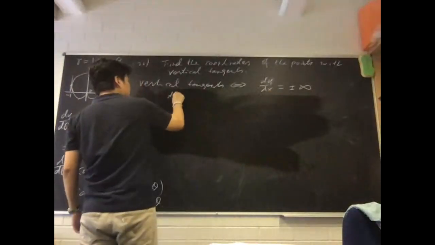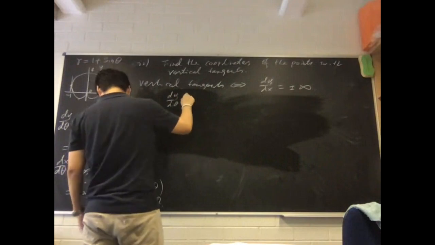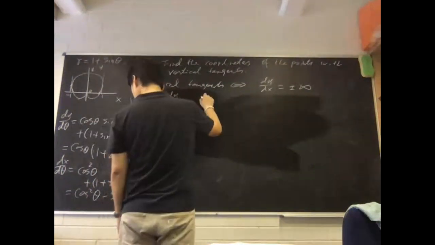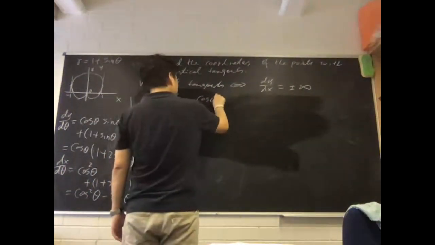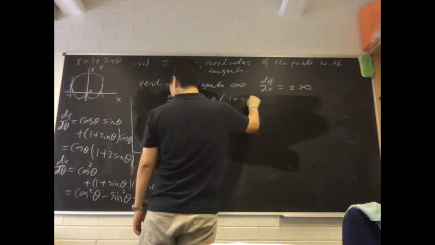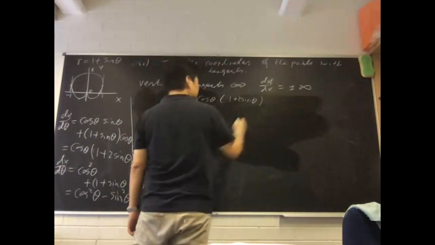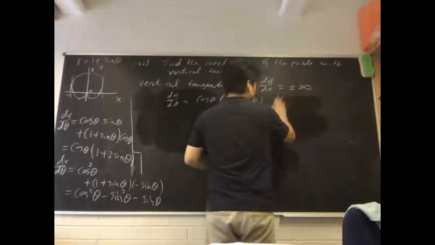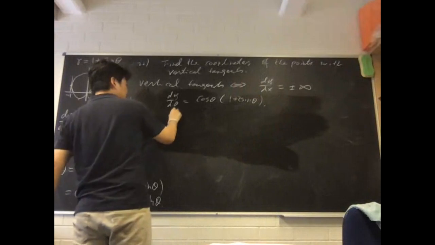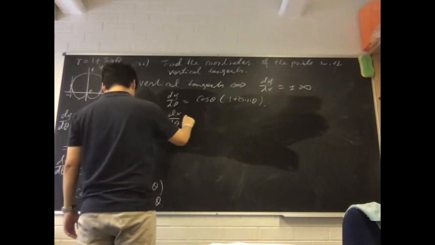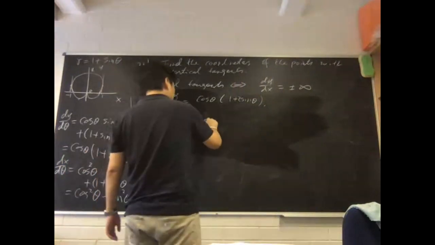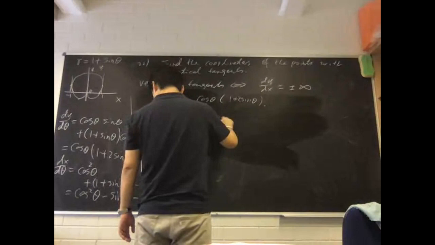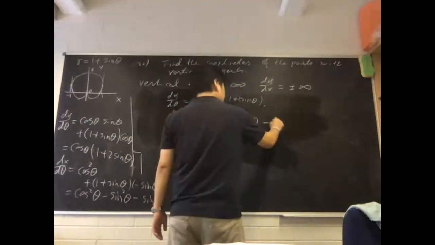So dy d theta is cosine theta times (1 plus sine theta)(2 plus sine theta), and dx d theta, on the second line, is cosine squared theta minus sine squared theta minus sine theta.